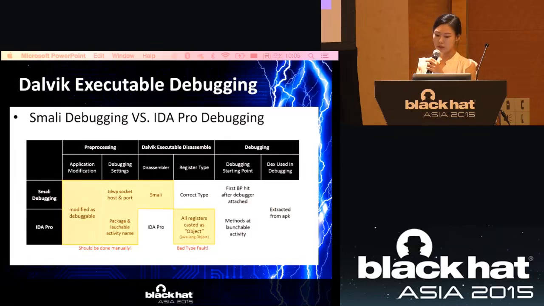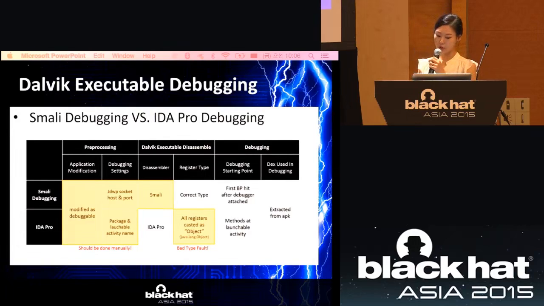Also, in perspective of debugging, the debugging starting point is different. In the case of Smali debugging, the NetBeans project can attach to the process which is already running. So when the debugger is attached, the application is already running on the smartphone, and the analyst cannot debug the previous instructions before the debugger attachment.